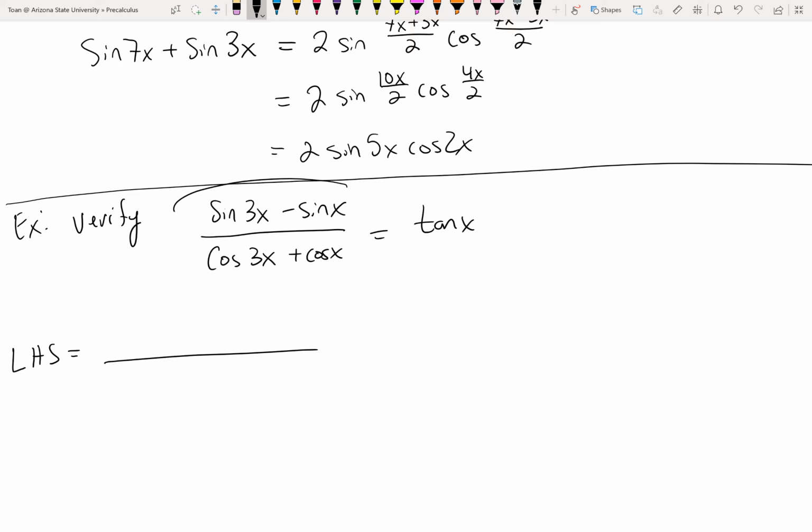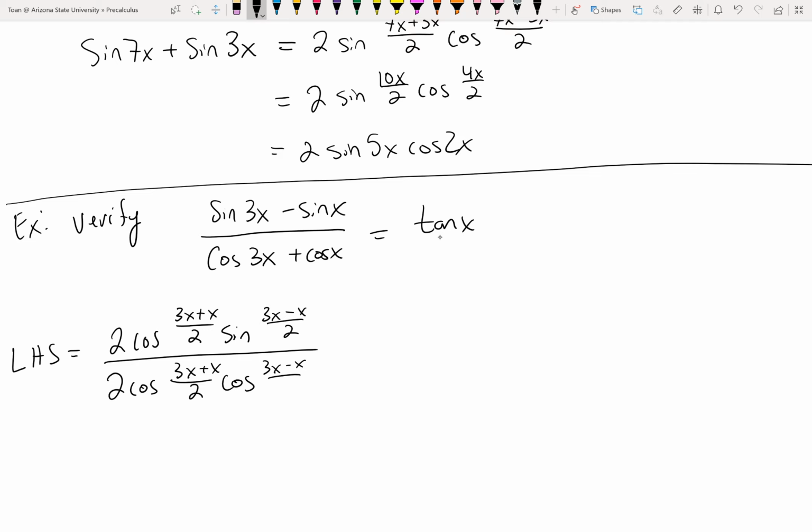So following the sine minus sine pattern, I get 2 cosine of, you add the angles, divide by 2, times sine, you subtract the angles, divide by 2. And then in the denominator, I'm going to follow the cosine plus cosine pattern. That goes to cosine, you add the angles, divided by 2, times cosine, you subtract the angles, divided by 2.